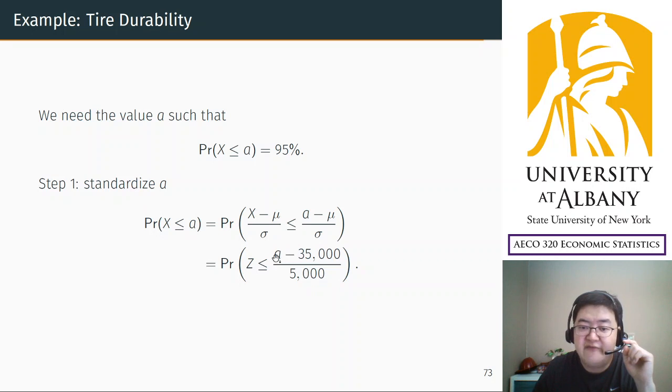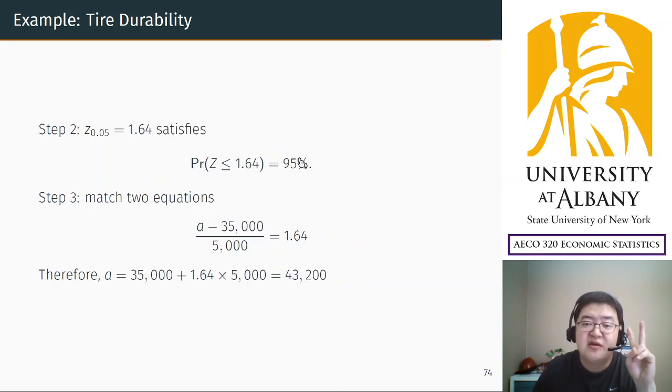And we have the same standardization. And in step 2, use 95%. Using the 95%, you have to find the corresponding number. Here, we know the top 5% value is given by 1.64. So if you plug in 1.64, this equation will hold.